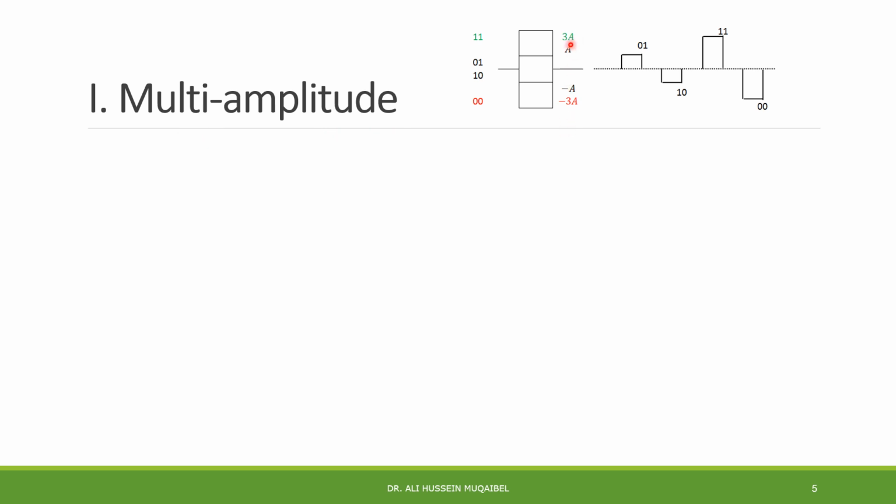I could have 4 levels. In binary signaling, the first level is A and the negative level is minus A, so the spacing between these two is 2A.